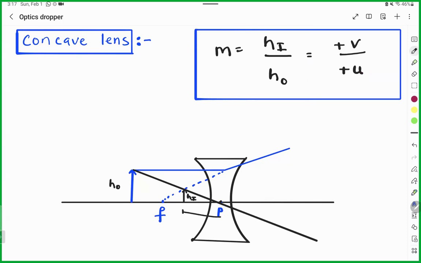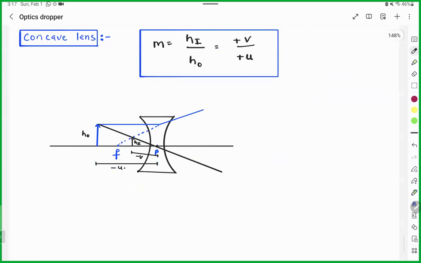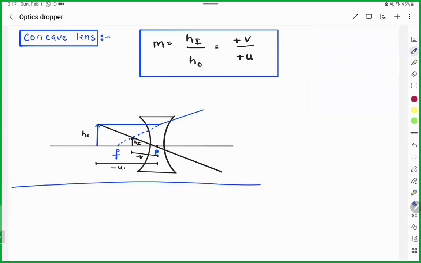Distance of the image will be minus v, distance of the object will be minus u. Understood, guys? Any doubt?